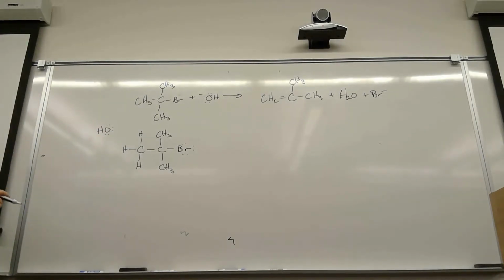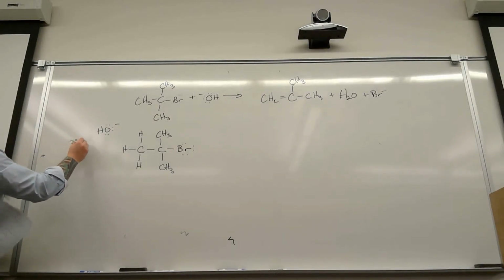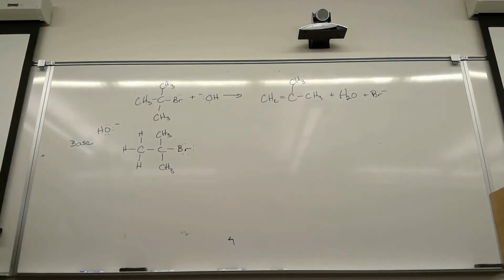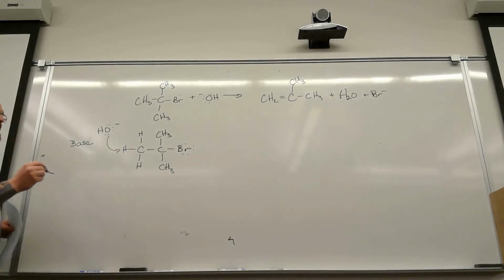In this particular case, the hydroxide is going to act as a base for this example, instead of as a nucleophile. And nucleophiles, remember, attack something specifically in terms of donating their electrons. In this case, we're getting something similar, but we're going to abstract one of the protons.